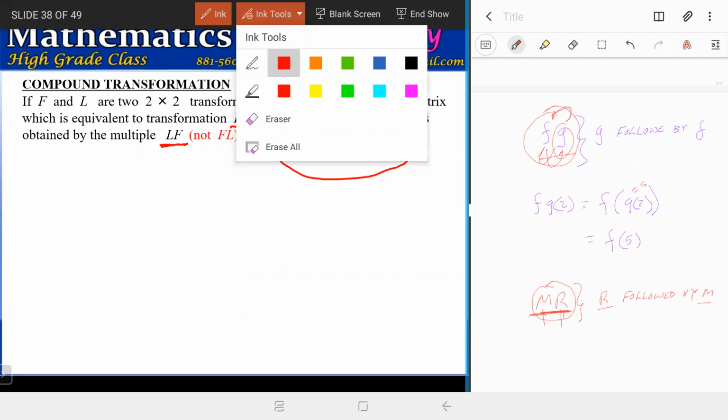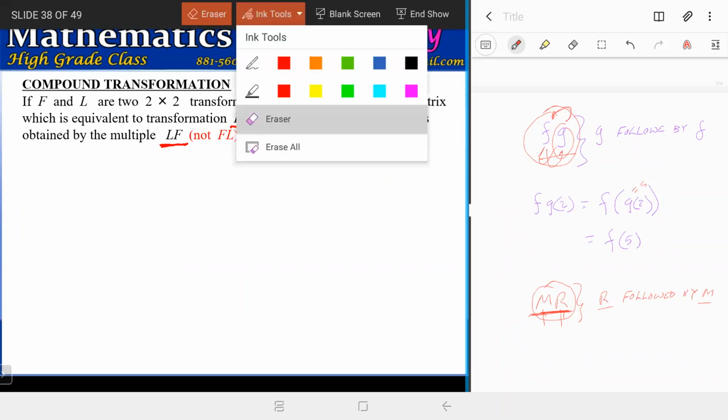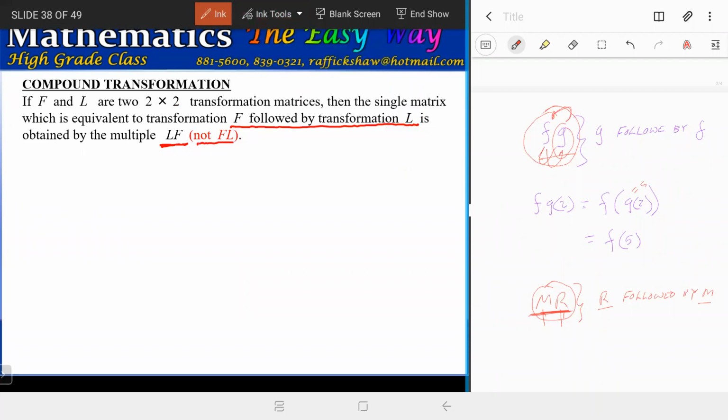Note carefully the details. It is not FL. Don't multiply the first one by the second one to get the single matrix. I'm talking about F followed by L. We're talking about F first, L second.